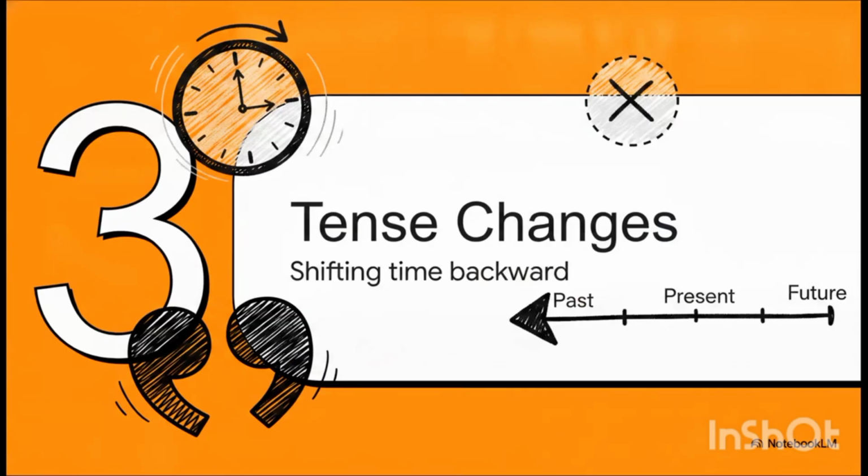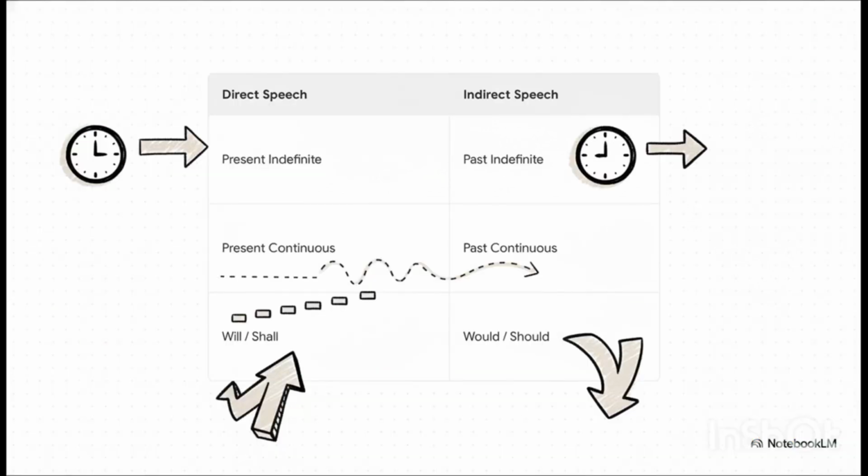Which brings us to Section 3, Main Rules for Changing Tense. Now that we know the parts, here is our first big transformation key. Once you remove those quotation marks, the timeline of the entire sentence usually has to step into the past. Look at how systematically every present tense steps back into its past tense equivalent.